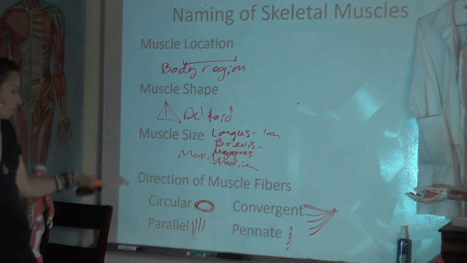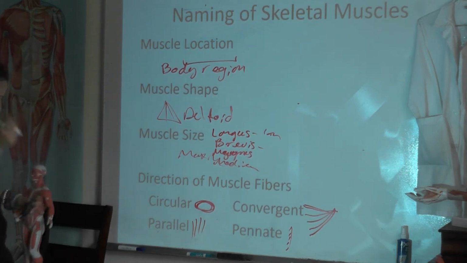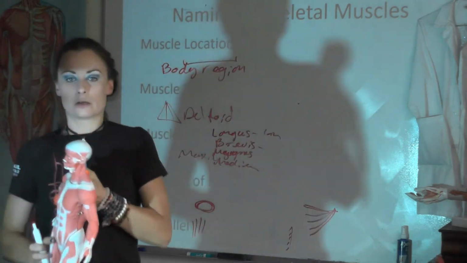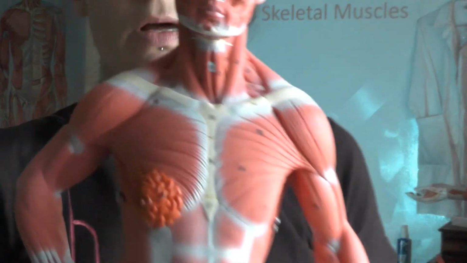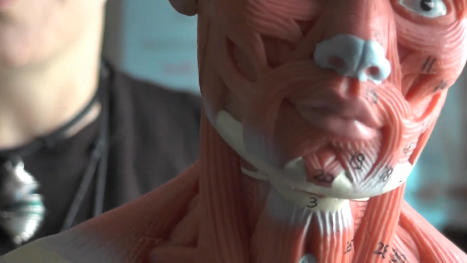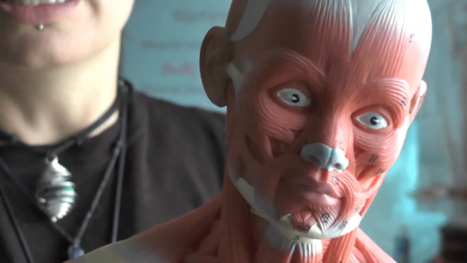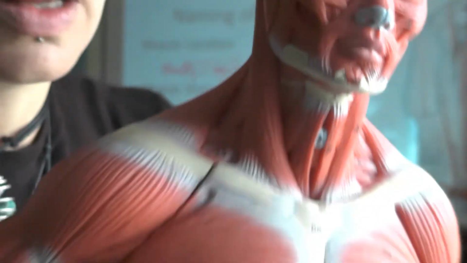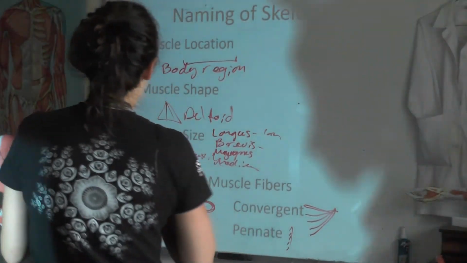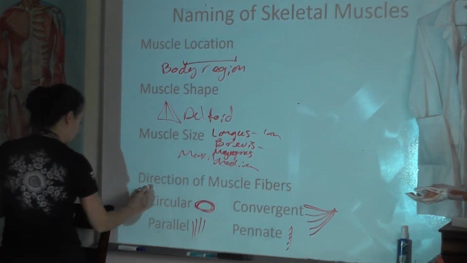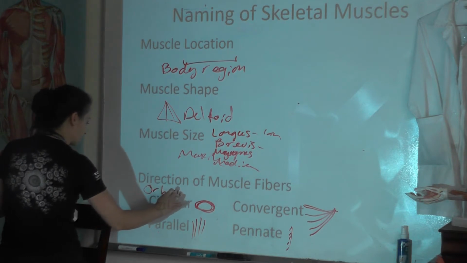Okay, so circular muscles, that's pretty easy. The fascicles are arranged in a circular fashion. This muscle that helps you purse your lips is orbicularis oris. This one that helps you with all your stink eye, orbicularis oculi. So circular, if you're looking for how we say that in the name of a muscle, it's orbicularis.